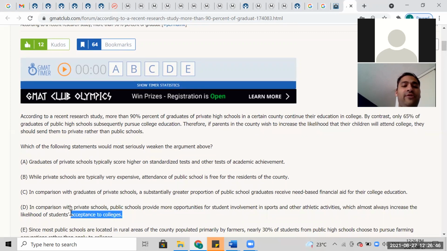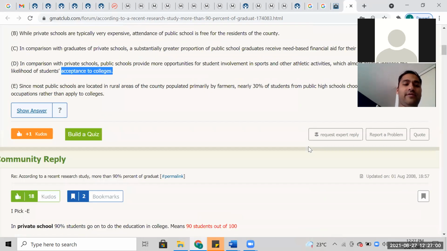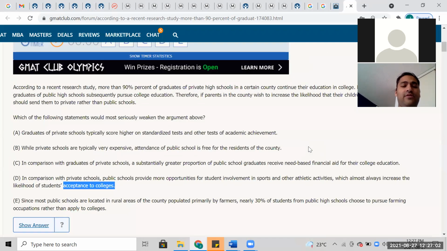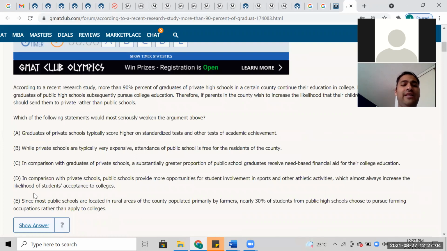You were absolutely right to think about acceptance versus actually attending, because I think that is also mentioned elsewhere. And whereas E, I thought E was irrelevant, but actually you're right.